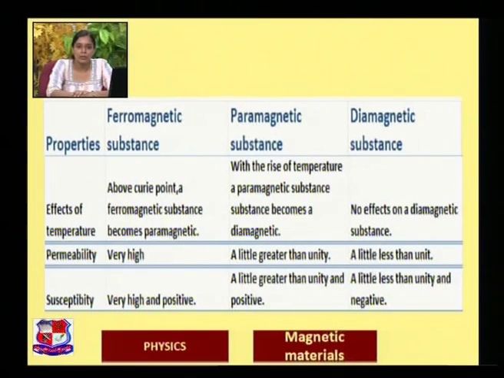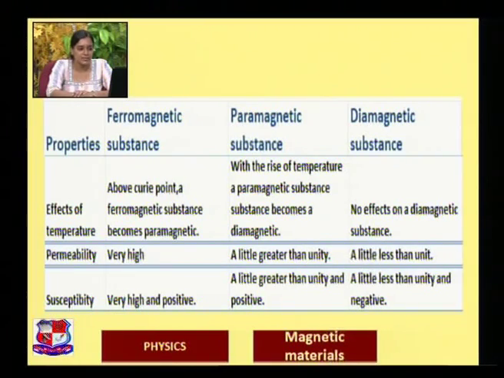Now, what about permeability? For ferromagnetic substances, the permeability is very high. For paramagnetic substances, it is slightly greater than unity, 1, and for diamagnetic substances, it is less than 1. The susceptibility chi for ferromagnetic substances is very high and positive.